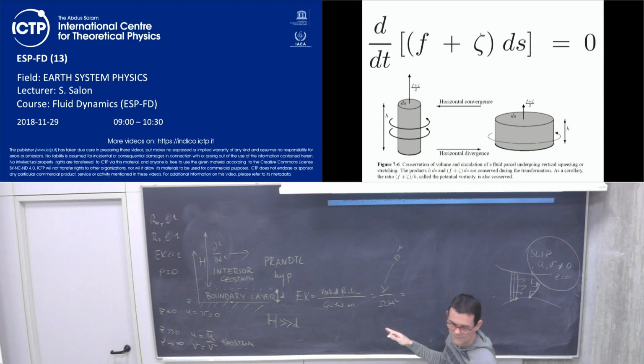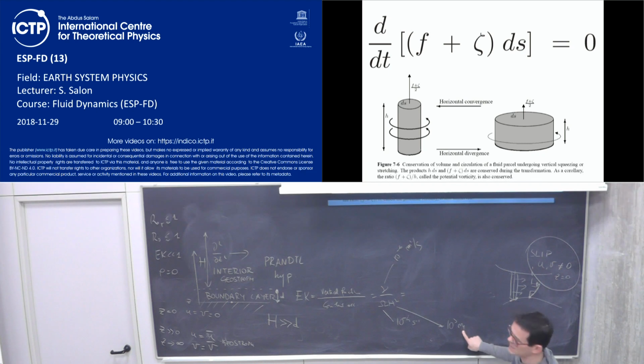Of course, it will be very, very small, because omega, if we are at the mid-latitude, so you remember omega is of order 10 to the minus 5, 7 times 10 to the minus 5, and h, for example, let me take for the ocean, can be 1,000 meters.